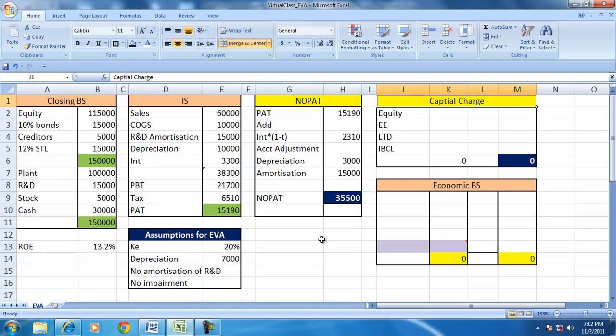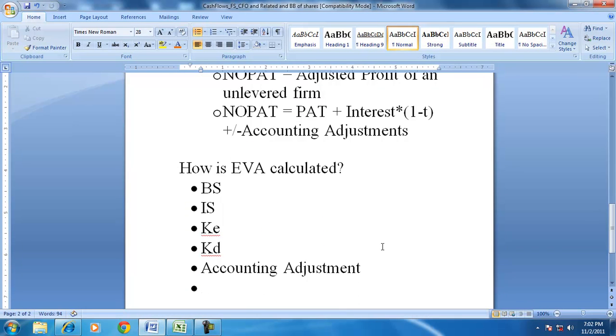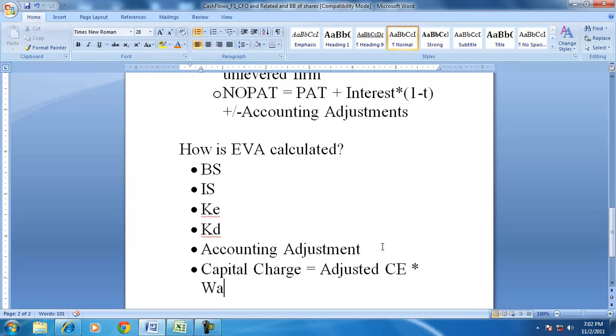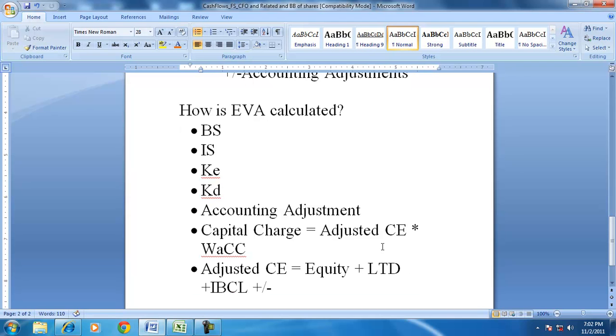But before we calculate the capital charge, let us write down here the capital charge. Capital charge is equal to adjusted capital employed into WACC. And adjusted capital employed is equity plus long-term debt plus interest bearing current liabilities and plus or minus accounting adjustments.